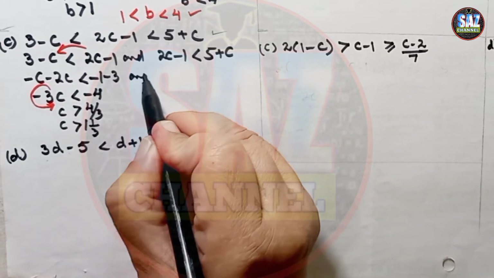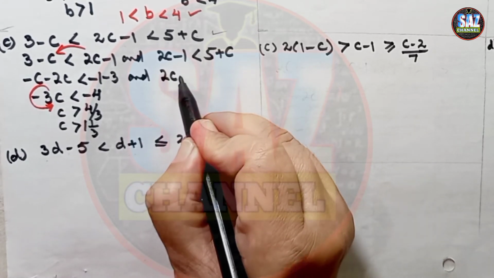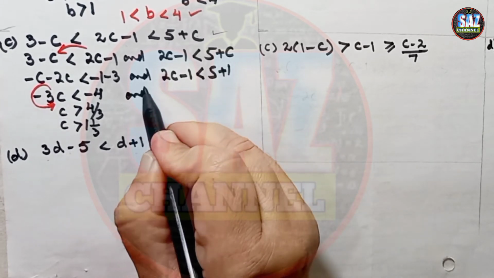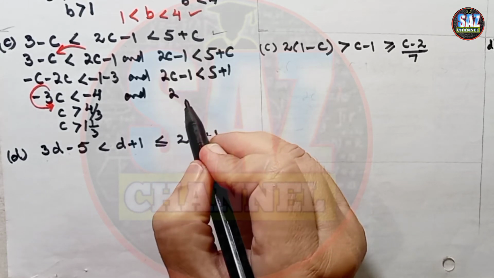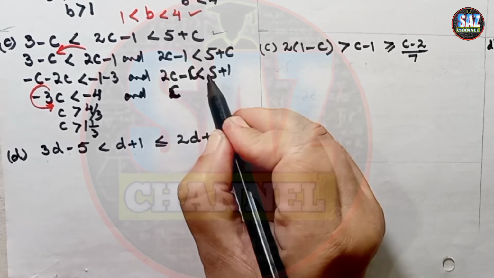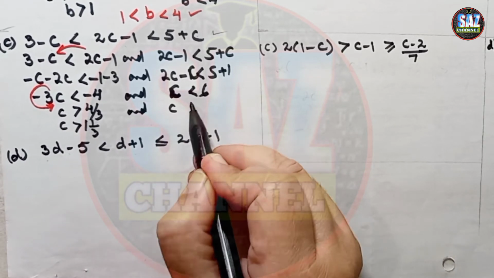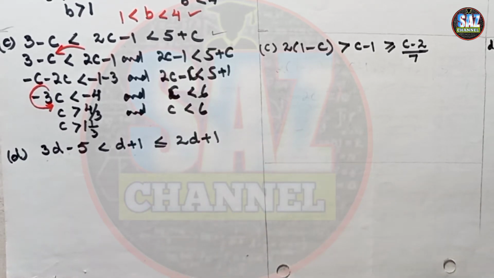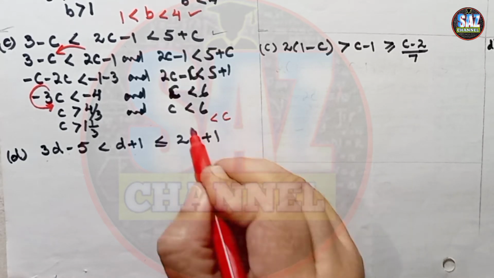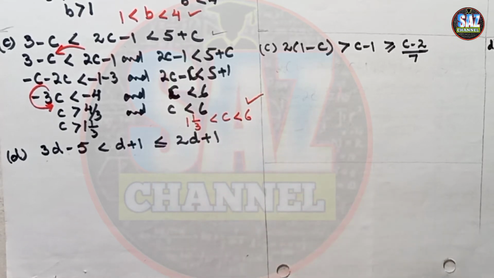Coming to the second part, 2c minus c is less than 5 plus 1, and 2c minus c, that is c, is less than 6. Now I have to write the interval: c is greater than 1 whole 1 by 3 but less than 6. I hope you are clear about this question.